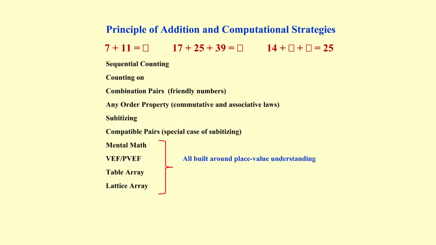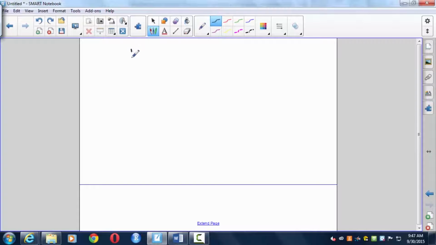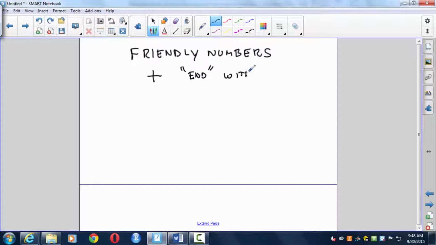So let's look at what combination pairs are. Combination pairs are pairs of numbers that lead to what's called friendly numbers. Now, friendly numbers we've already talked about. Friendly numbers for addition are those numbers that in their ones place end with 5 or 10.